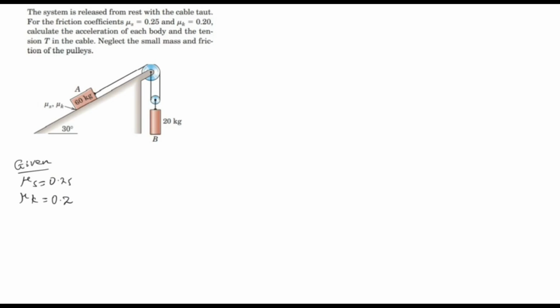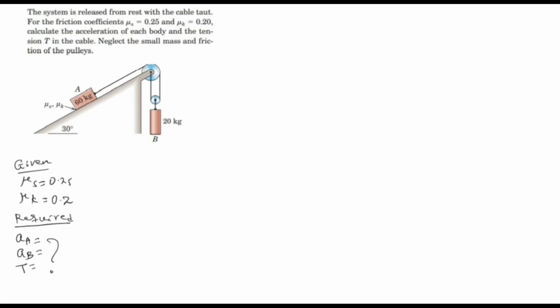To do that, let's take out our required parameters. The required parameters are the acceleration of A, the acceleration of B, and the tension in the system. All these parameters are unknown. Now let's solve this.